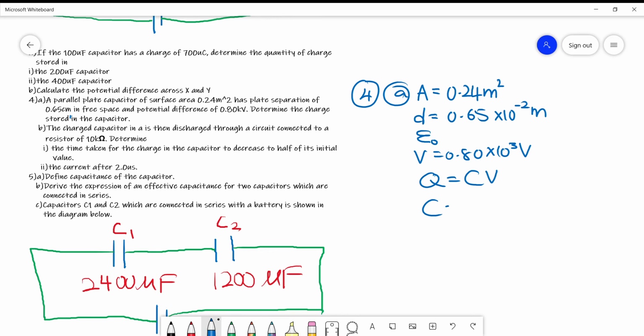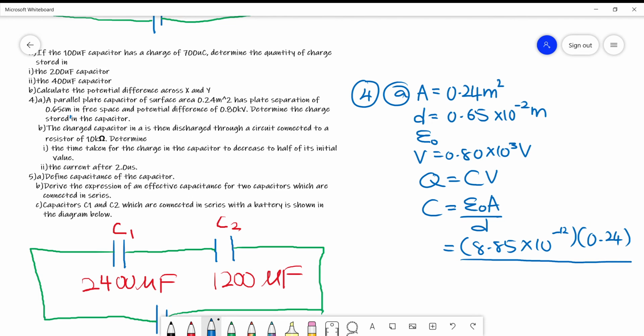So C is equal to epsilon naught A over D. The permittivity of free space is 8.85 times 10 to the power of negative 12. My surface area is 0.24, divided by the plate separation 0.65 times 10 to the power negative 2.